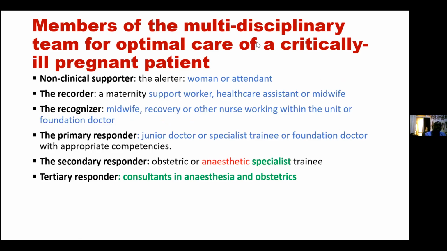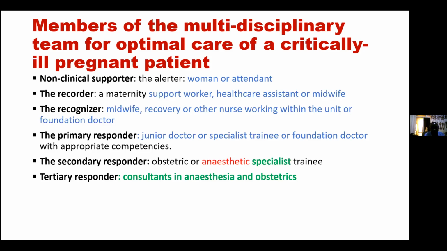In any situation you see at emergency, you've got teams that are there to resuscitate a patient, but for a pregnant woman, you have an optimal number of members that make up a multidisciplinary team for optimal care of a critically ill pregnant lady.